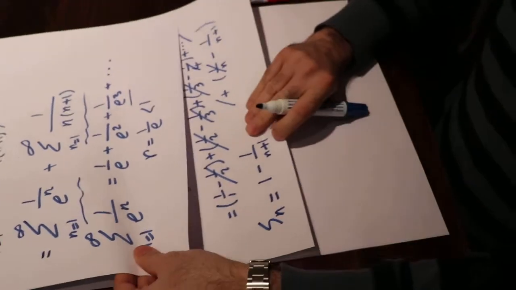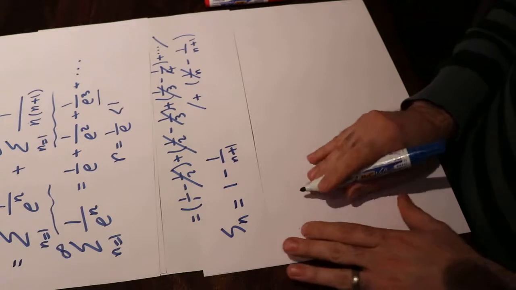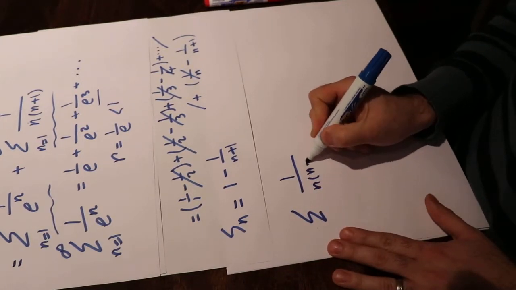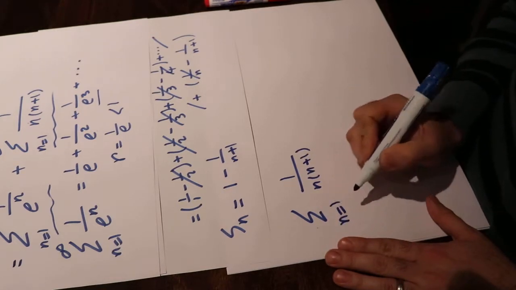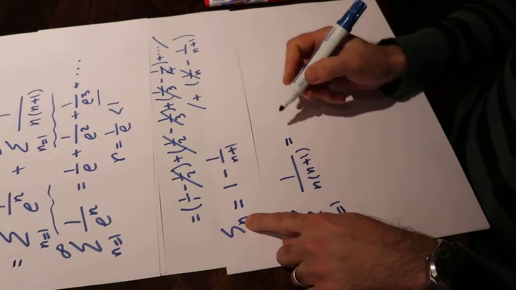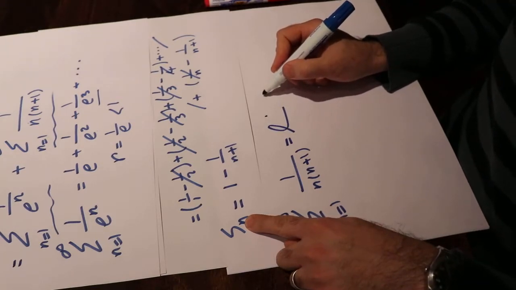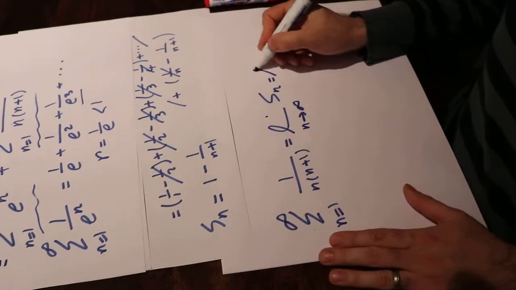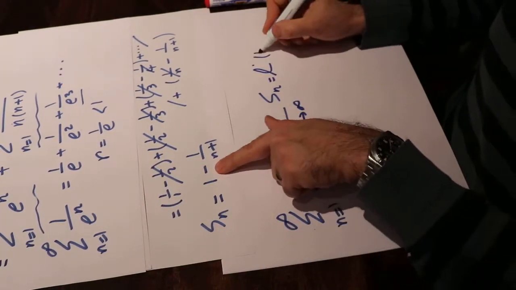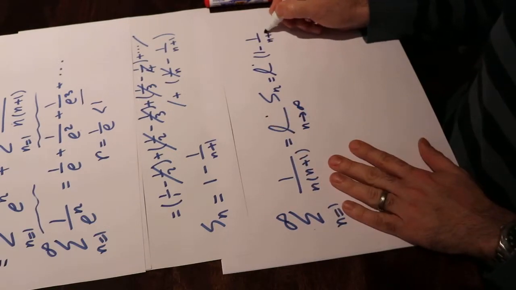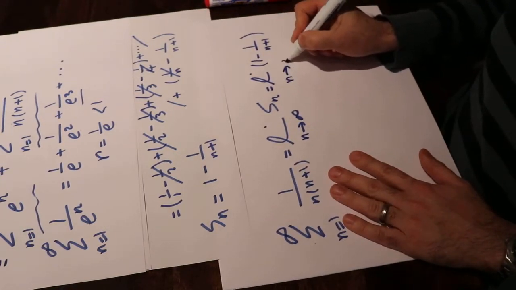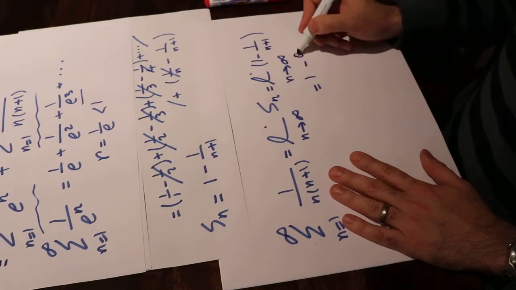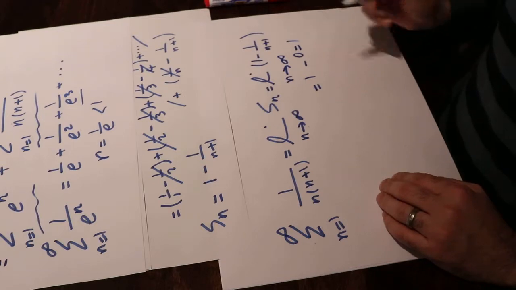So we know that the sum of 1 divided by n times (n plus 1), when n changes from 1 to infinity, is basically equal to the limit of the partial sum S_n when n goes to infinity, which will be the limit of 1 minus 1 divided by (n plus 1), which will be equal to 1 minus 1 divided by infinity, which is 1 minus 0, equal to 1.